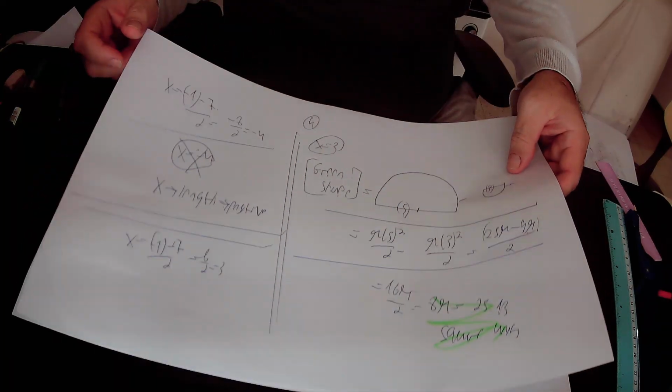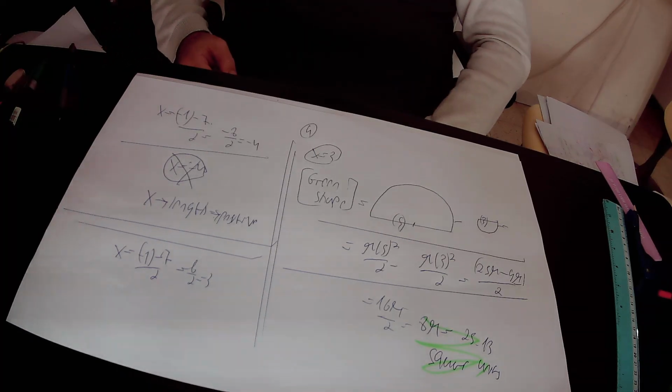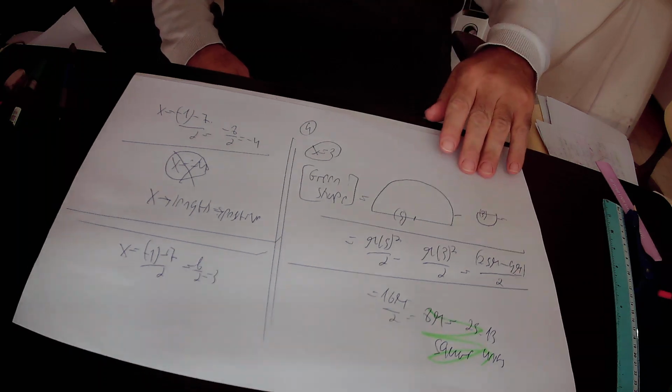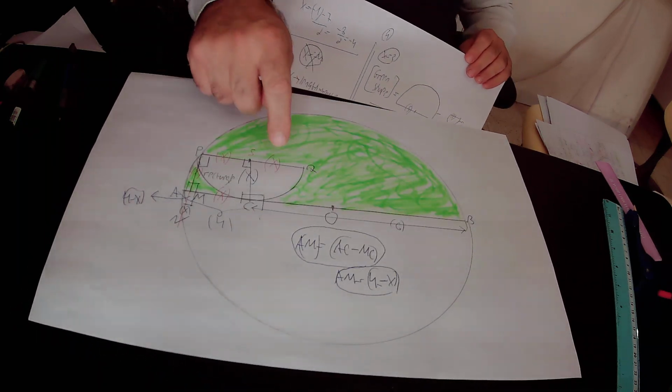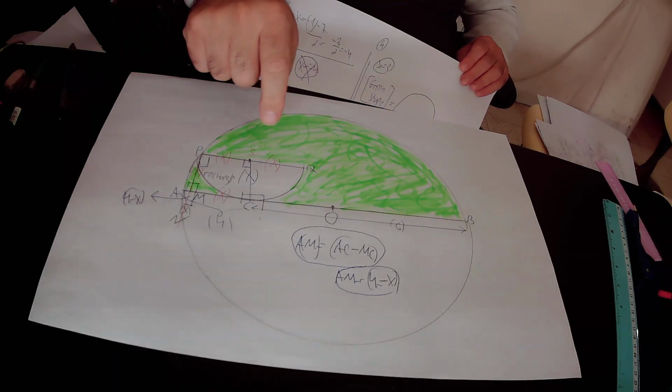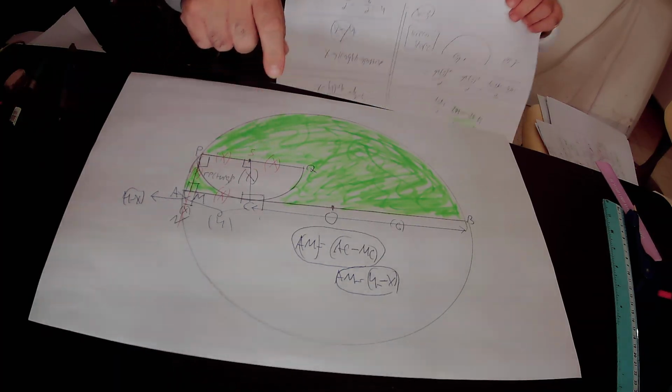From the drawing, it is very easy to see that the area of the green shape in total equals the area of the big semicircle plus the area of the small semicircle.